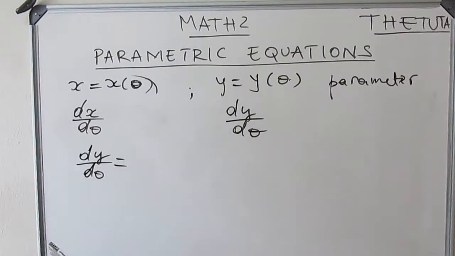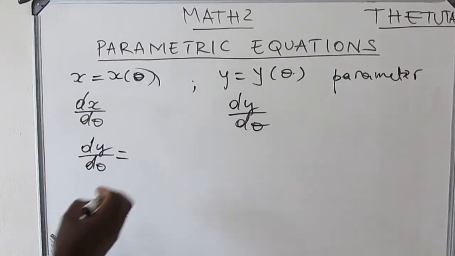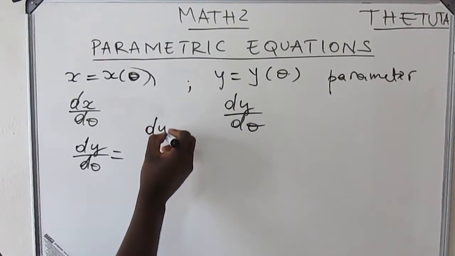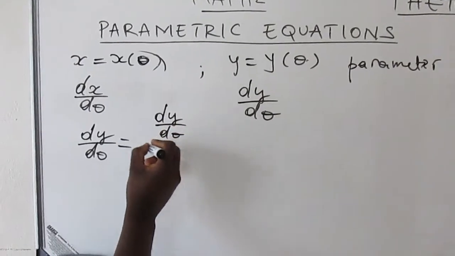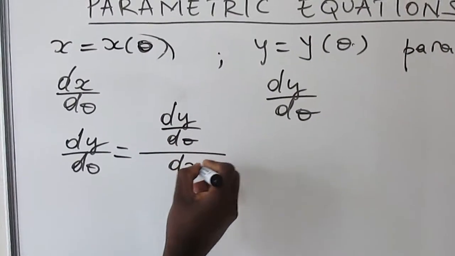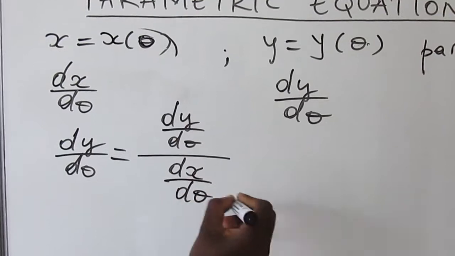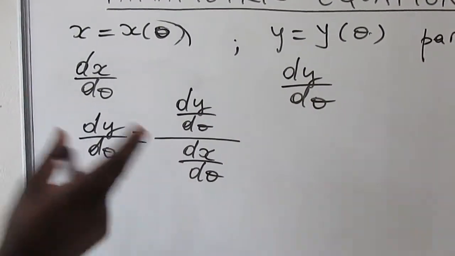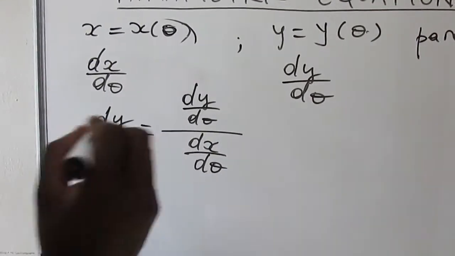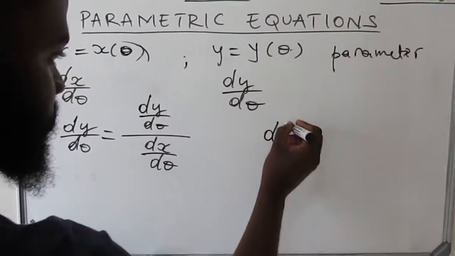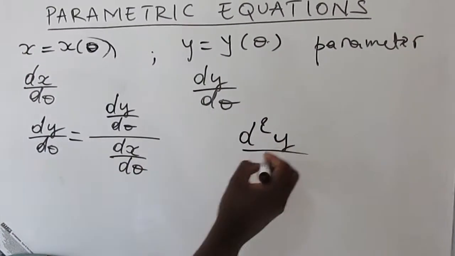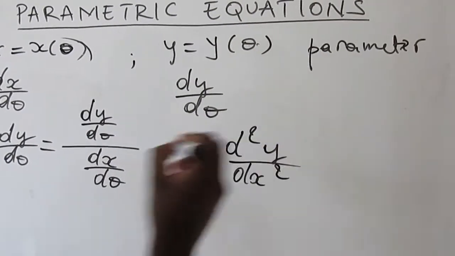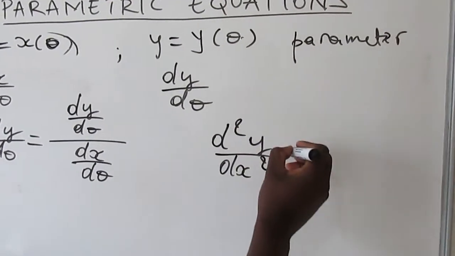Dy over dx in this case, the formula is dy over d theta over dx over d theta. Then after finding this derivative, you now need to find the second derivative, d2y over dx2. This is the second derivative, which will be equal to what?